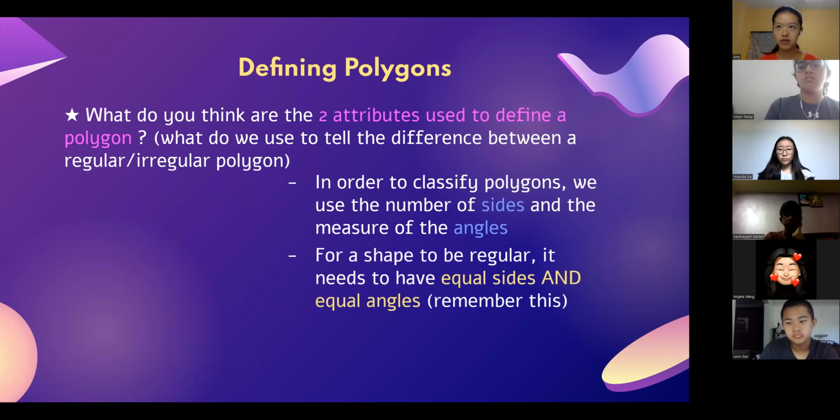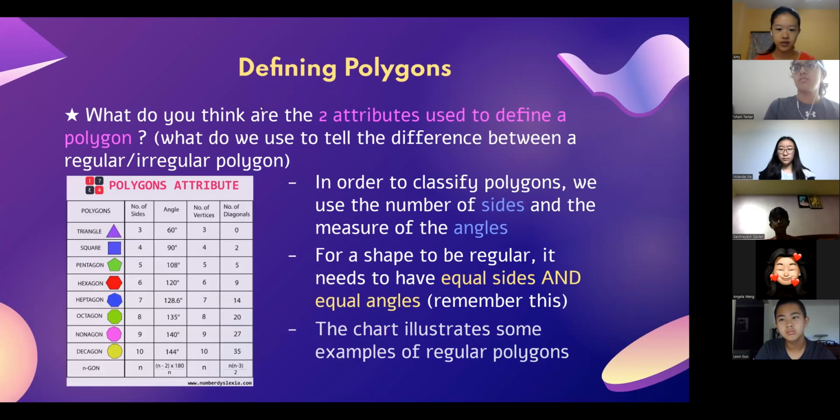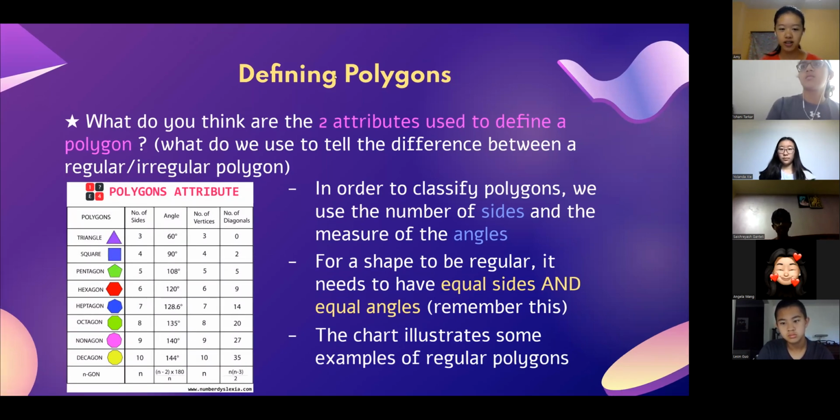For example, a square would be a regular polygon, but a rectangle wouldn't, because the lengths of its sides aren't equal. And the measure of its angles has to be equal too. In that case, a rhombus wouldn't be regular because it doesn't have equal angles. So a regular polygon has sides of equal length and angles of equal measure.